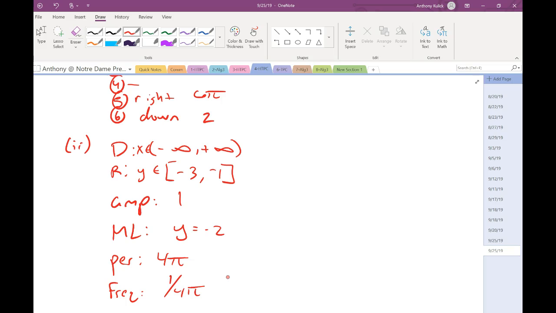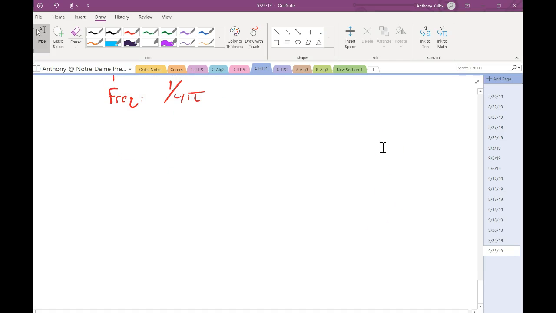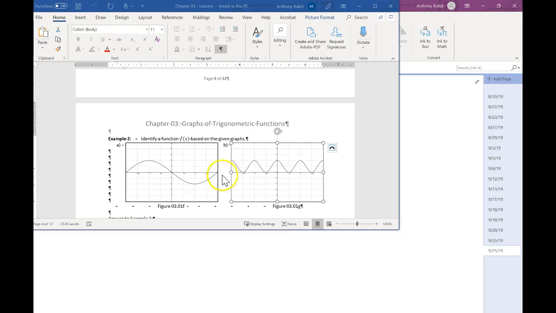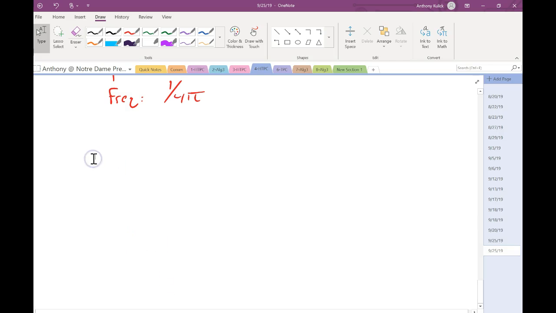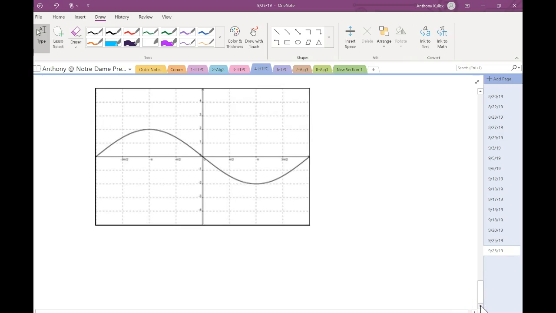What if I want to look at a graph and come up with its equation? So let's say we have this graph, and I want to come up with its equation.